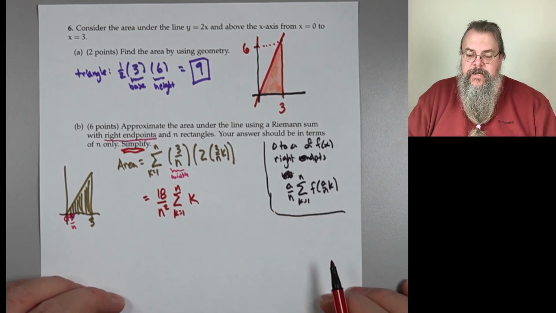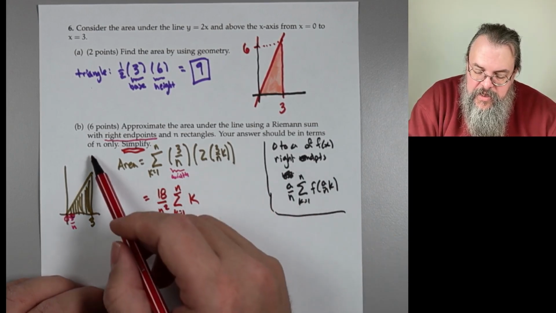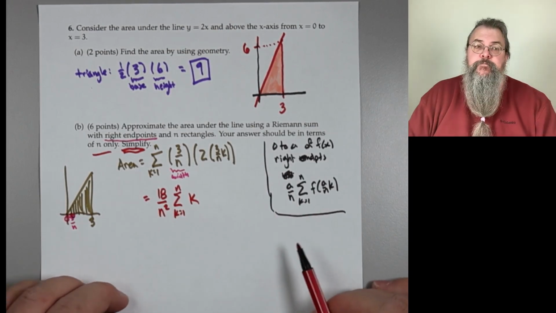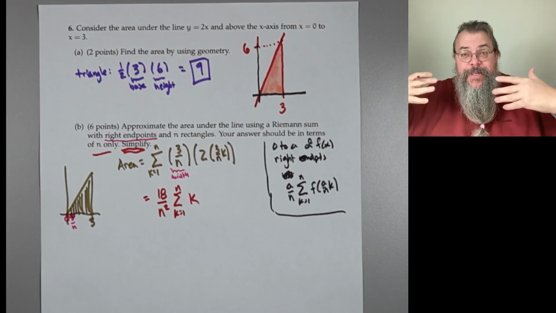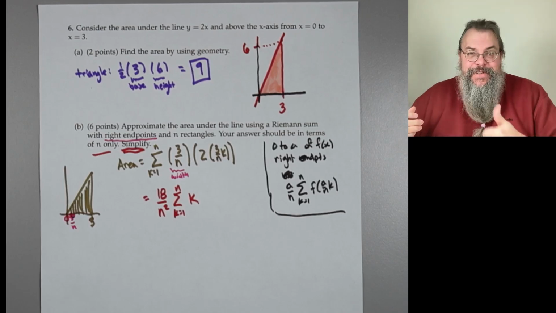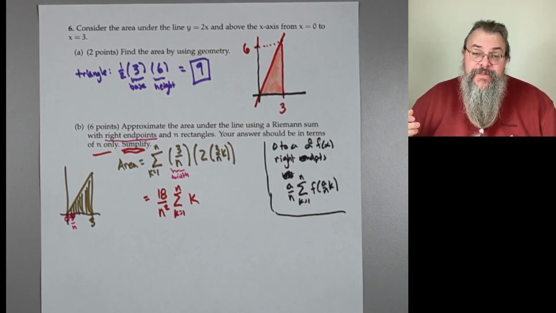All right, are we done? Well, no, because it says, look, n only. I don't want any k's. So I got to get rid of the sum. Now, there's like one basic sum that we know. Well, there's two. We know how to add 1 a bunch of times, and then we know how to add k a bunch of times.